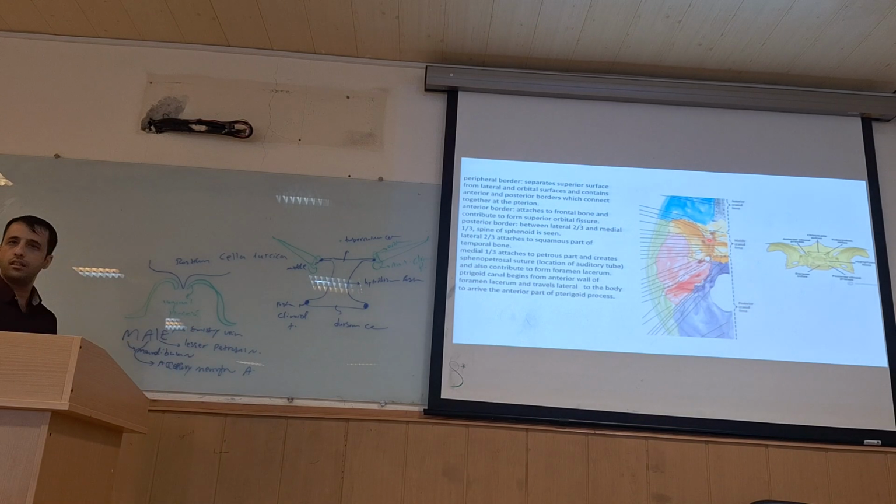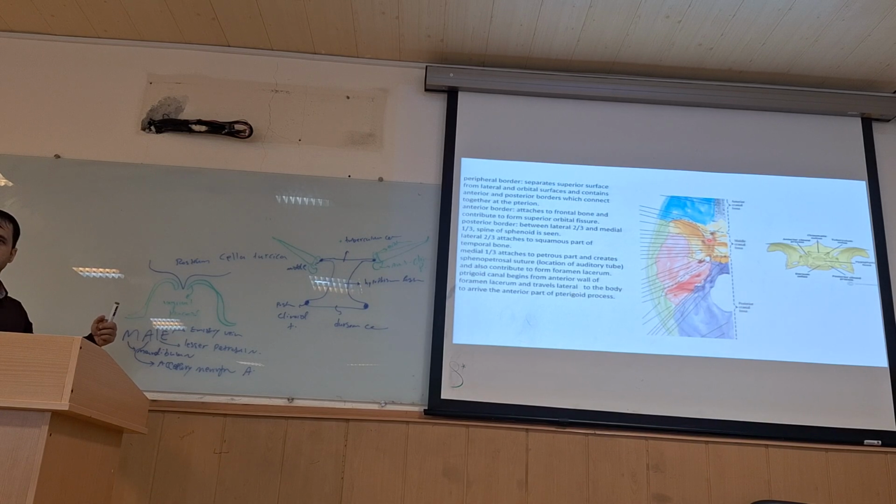What is an emissary vein? A vein that comes between. So for remembering, I say that MALE passes through foramen ovale.